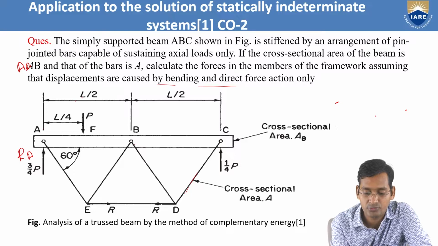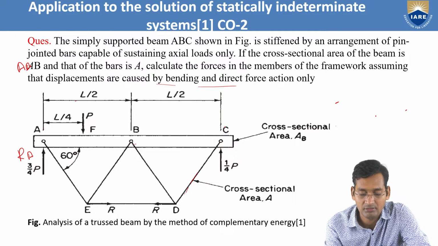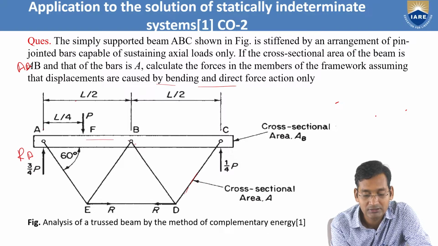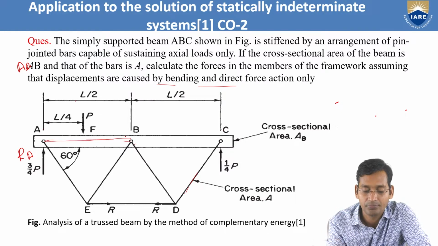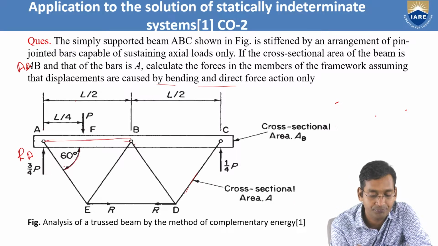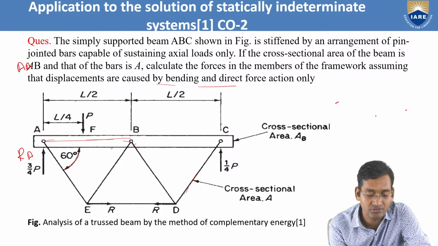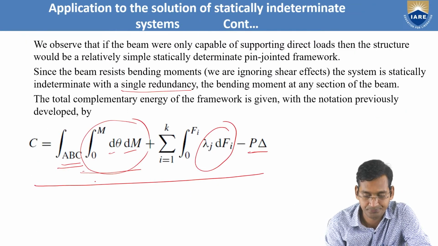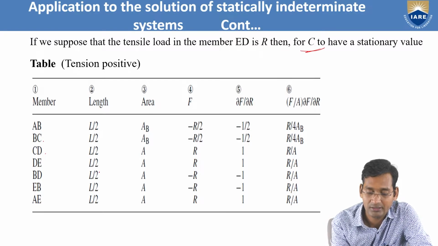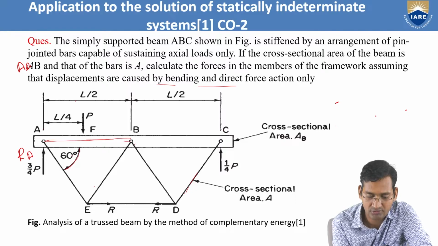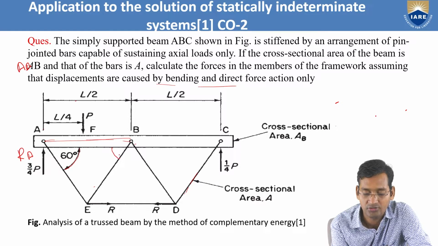AB is L by 2, BC is L by 2. So from here to here, this length is L by 2, and this angle is given as 60 degrees. It's obvious this also will be 60, 60. So that is an equilateral triangle, hence this is 60, this also will be 60.